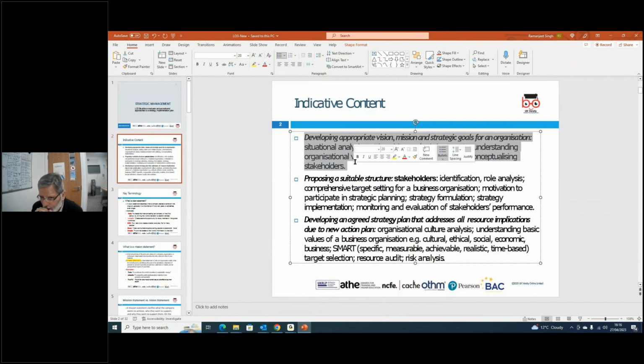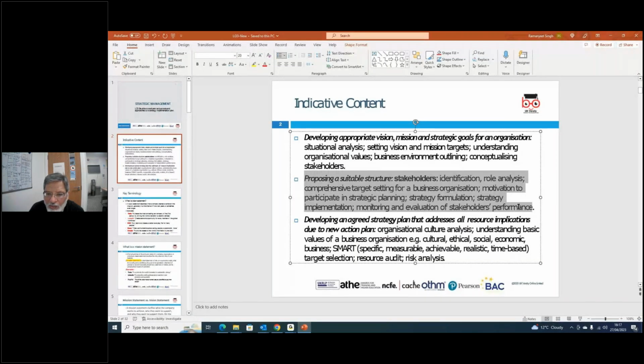What do you mean by vision, mission? What's a strategic goal? What are the objectives? The second thing, we need to look at the structure of stakeholders. Who are the stakeholders? What do they want from the organization?